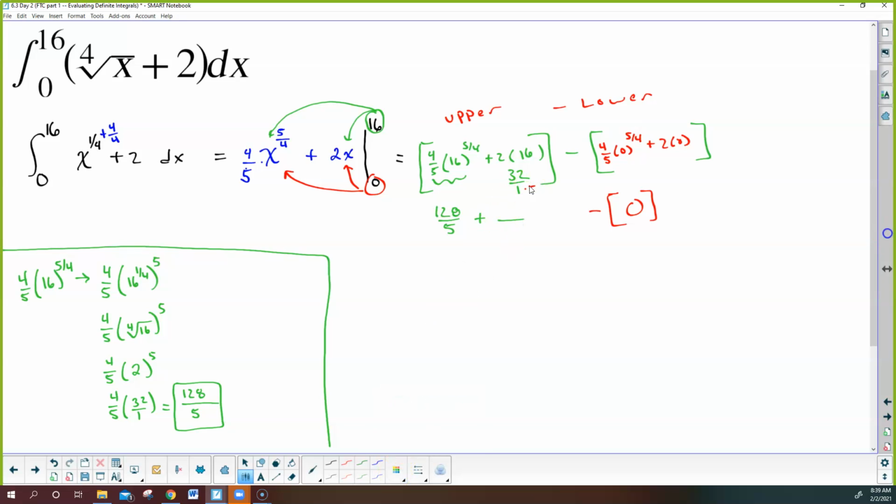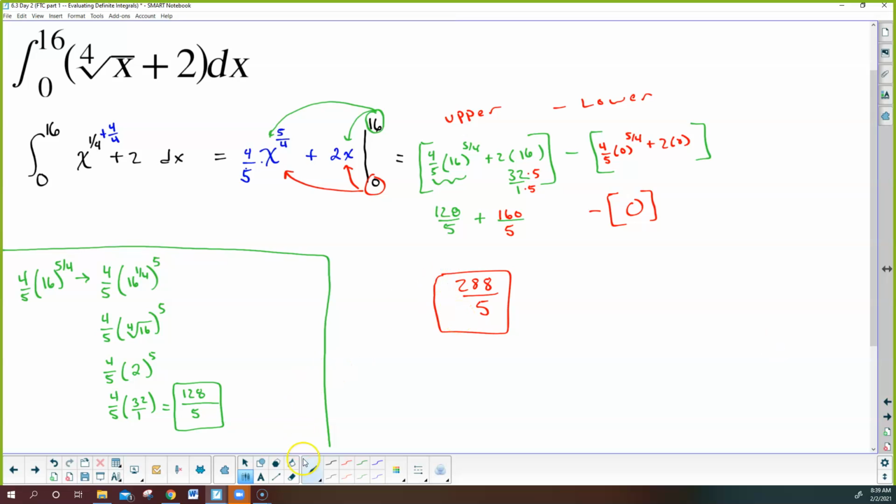So we might as well multiply top and bottom by 5, so we can add the numerators together. And 5 times 32 is 160. And then we can just keep the denominator and add the numerators to give me 288 over 5.